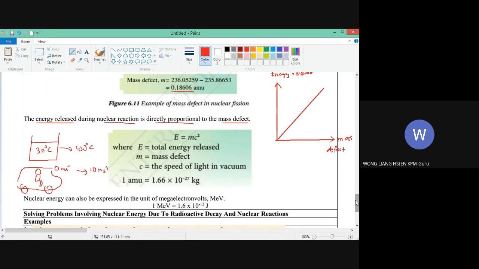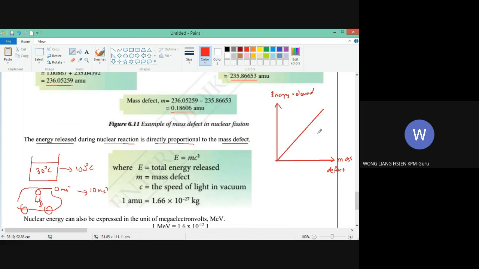So Albert Einstein, from this graph, found out that the gradient of the graph is equal to the square of the speed of light.